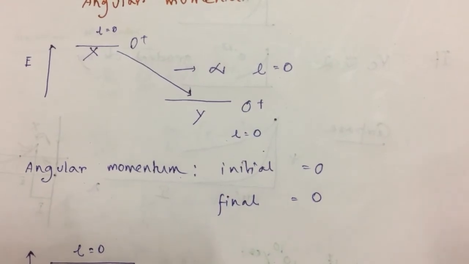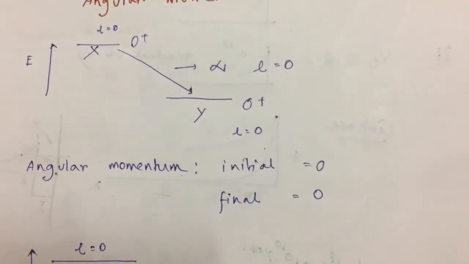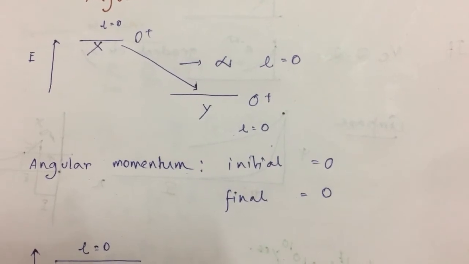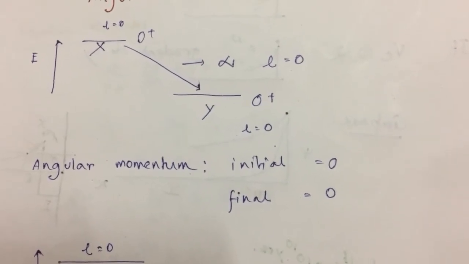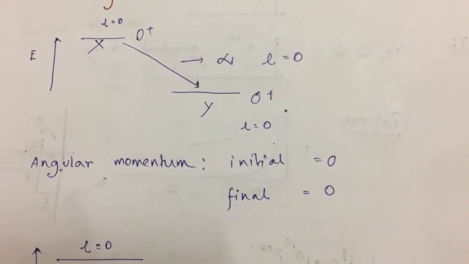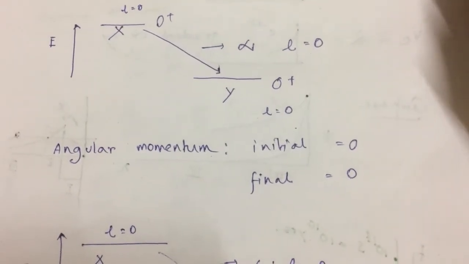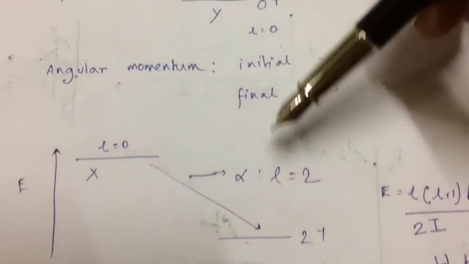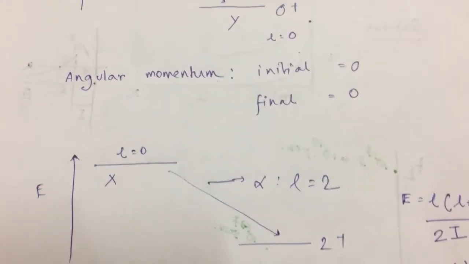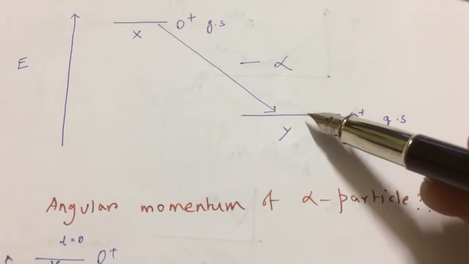The ground state of the daughter nucleus must be energetically lower than the ground state of the parent nucleus, because that is why nature does the emission of alpha particle, in order to have better stability, in order to reach a lower energy state, that is this one. This is a higher energy state and this is a lower energy state. So nature always tries to stay at a lower energy state.